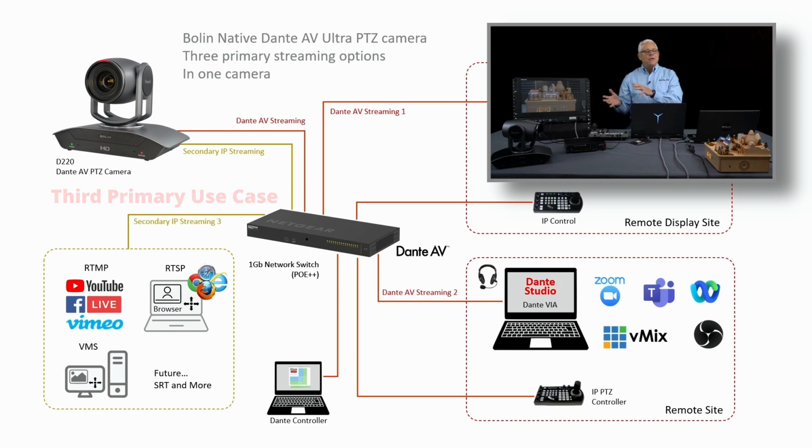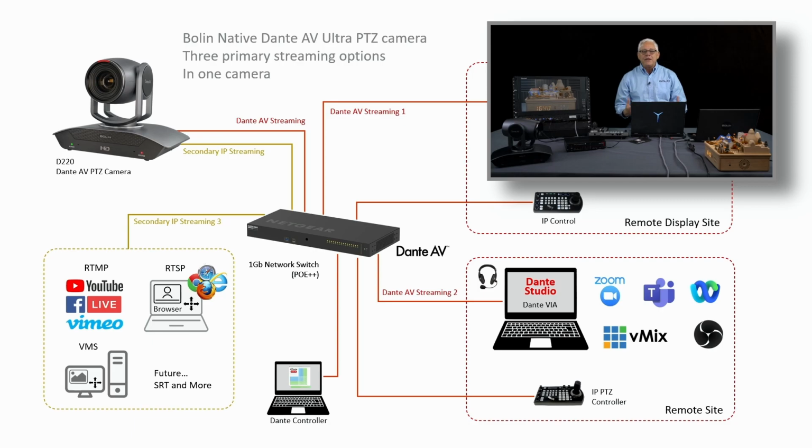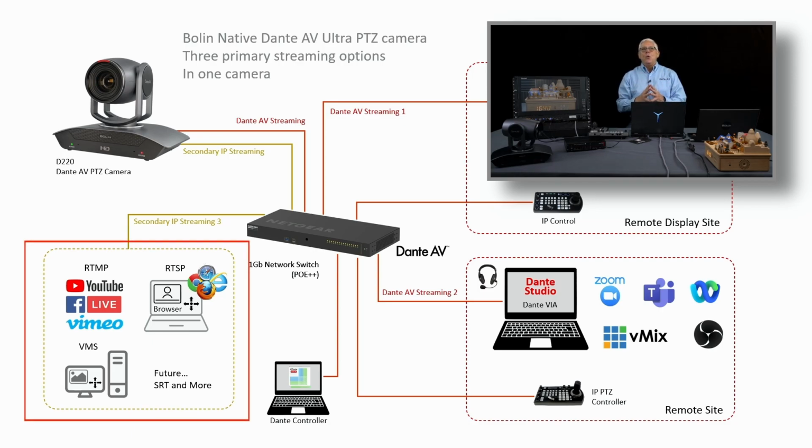It can coexist with the Dante AV stream on the same network, or importantly, it can be independently routed through another switch and even through another network to another part of your campus. So what are the advantages to that? There are plenty of them. As you can see, we have RTSP, RTMP, and what that also means is you can control the bandwidth.